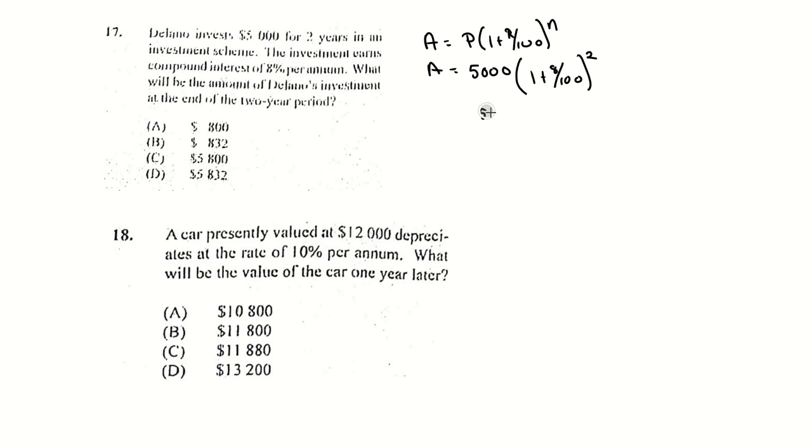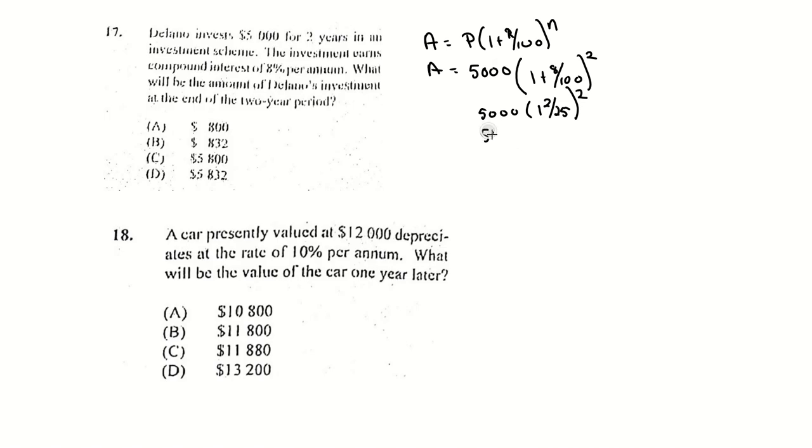So that's 5,000 by 1 plus 8 over 100. 8 over 100 is 2 over 25, to the power of 2. I do not like this.